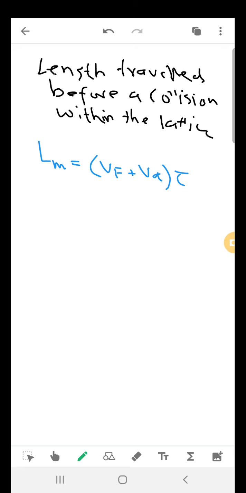Effectively, we can say it is equal to Vf tau, because this drift velocity is very low. It turns out to be equal to 3.9 into 10 to the power minus 8 meters. That is approximately 39 nanometers.